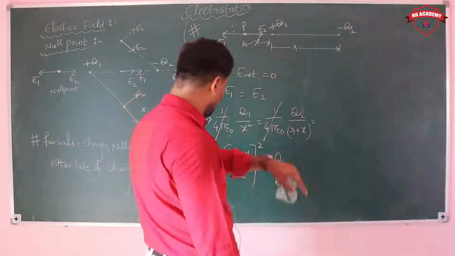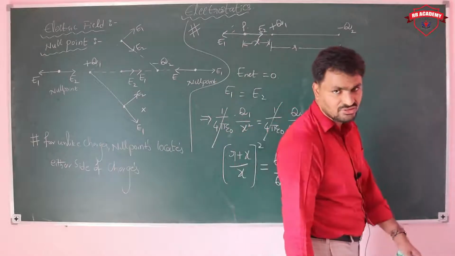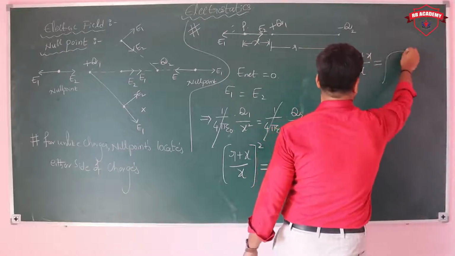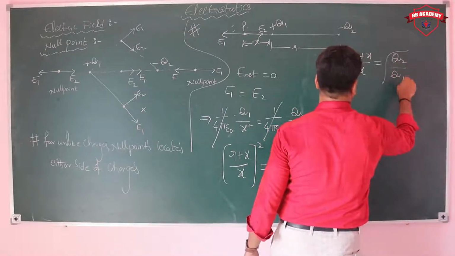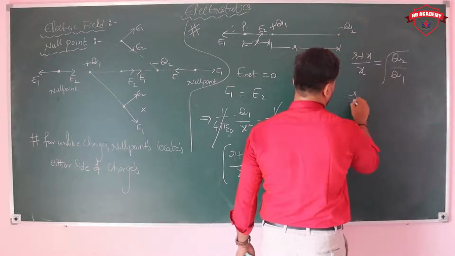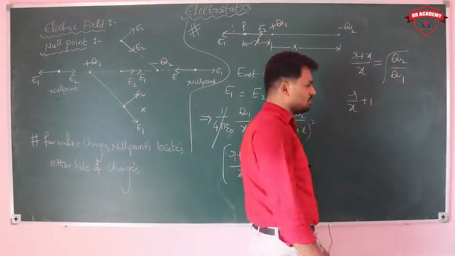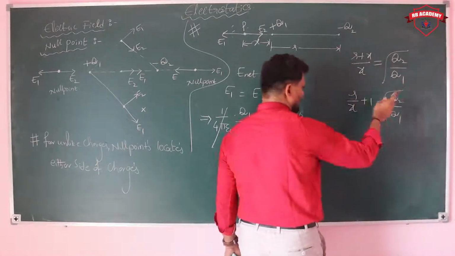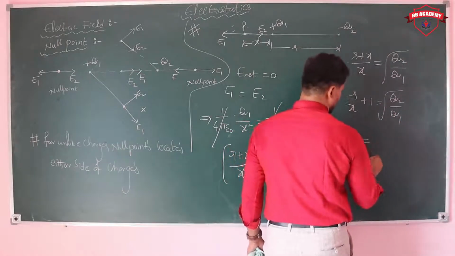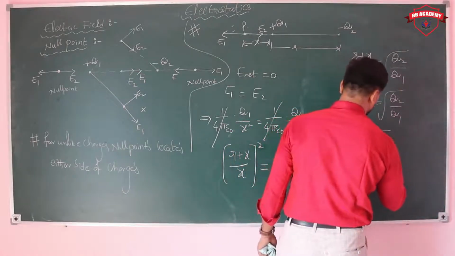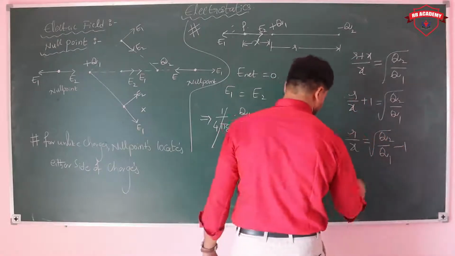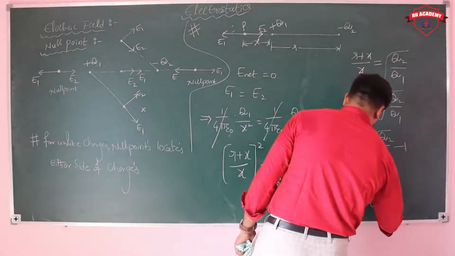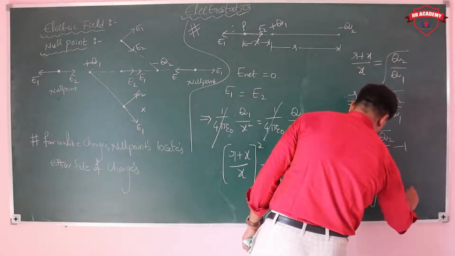Then remove the square by taking the root: (R plus X) by X is equal to root Q2 by Q1. Then R by X plus 1 is equal to root Q2 by Q1. Send the 1 there: R by X is root Q2 by Q1 minus 1. Then X is equal to R upon (under root Q2 by Q1 minus 1).